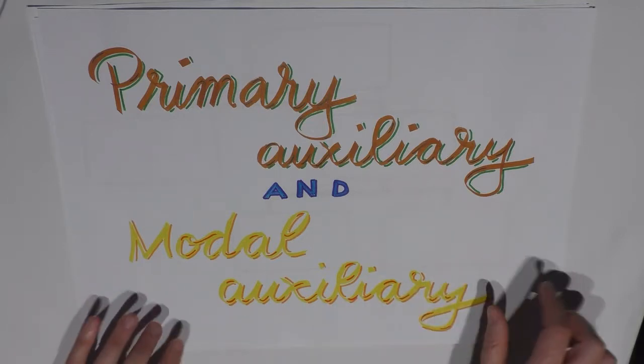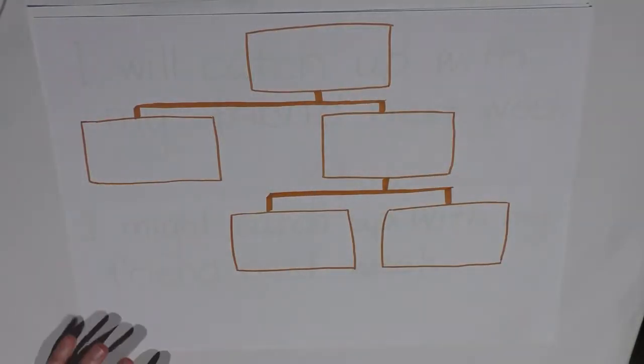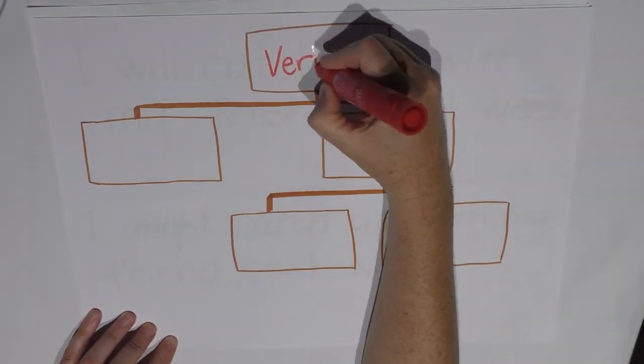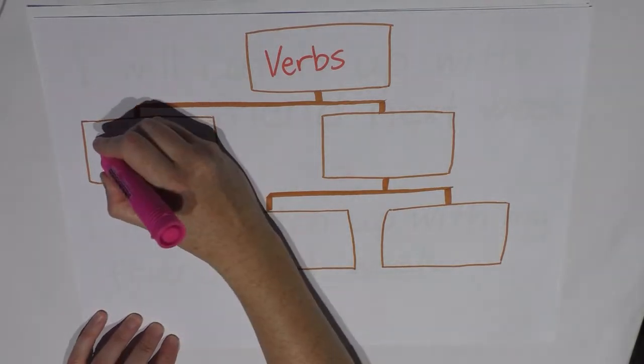So the whole verb structure can be represented in the following table. Firstly, we have verbs. These verbs can be broken down into lexical verbs and auxiliary verbs.